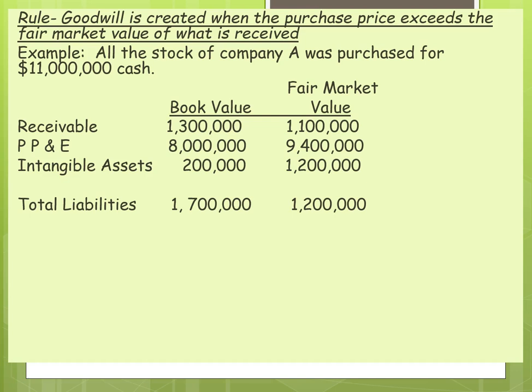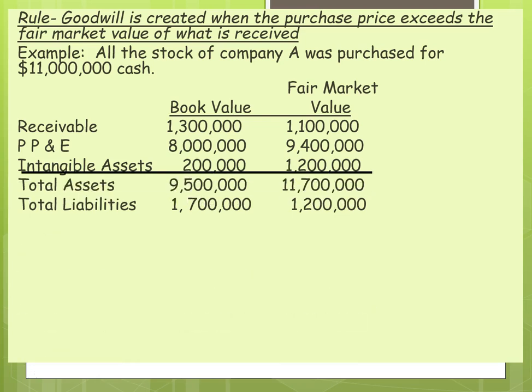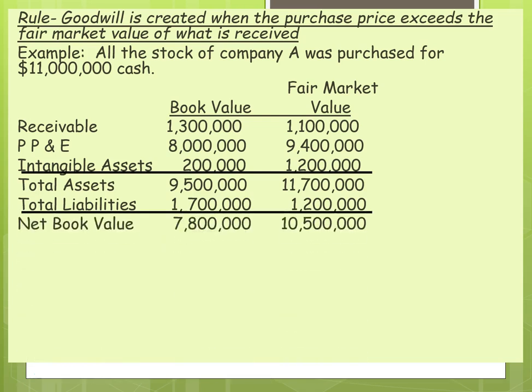They buy company A, and the book value shows you the book value of their assets and their liabilities, and it also shows you the fair market value of their assets and liabilities. So the first thing you need to do is add up their total assets and subtract their total liabilities to get our net book value.